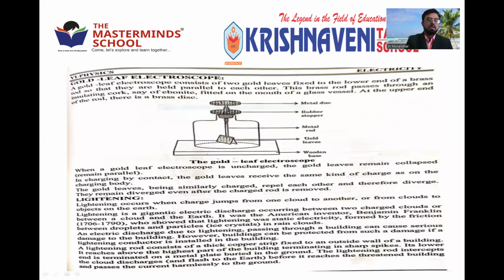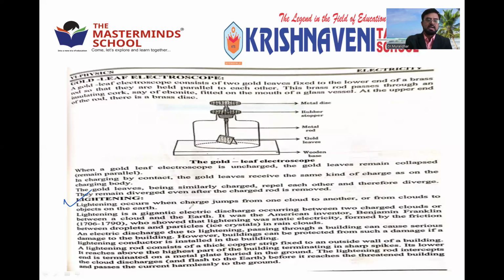Right? Now lightning and thunder. Lightning and thunder occur in nature because of electricity only. When two clouds collide with each other, due to transfer of electric charges, lightning and sound will come. Sound is the thunder, lightning is the electricity. The natural phenomenon of producing light is lightning.